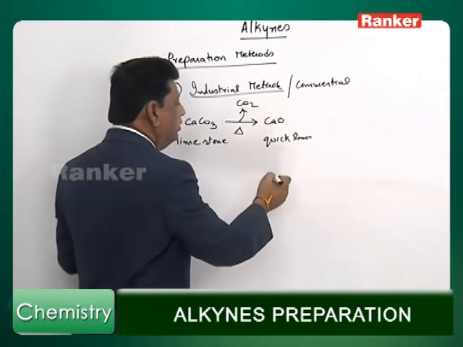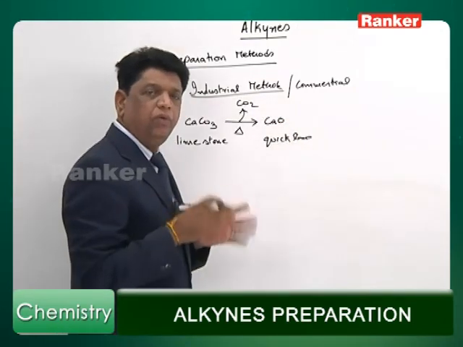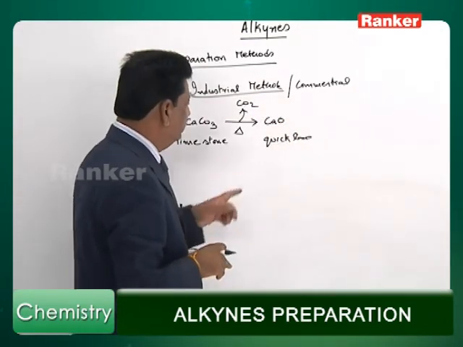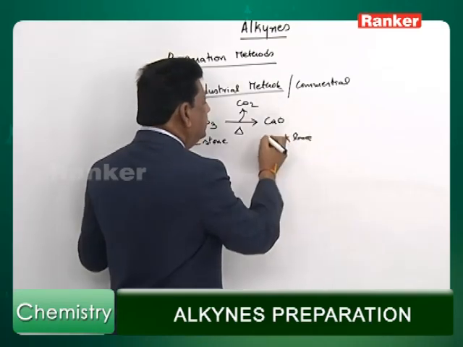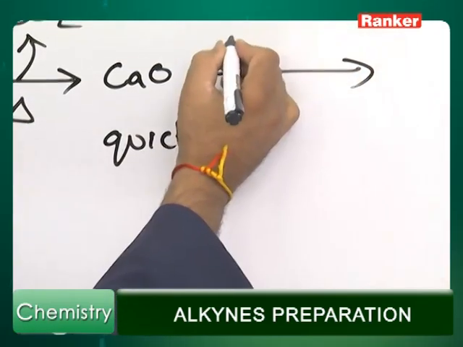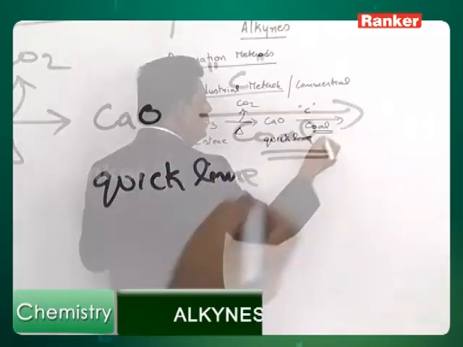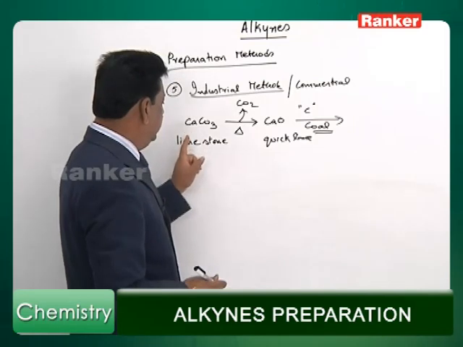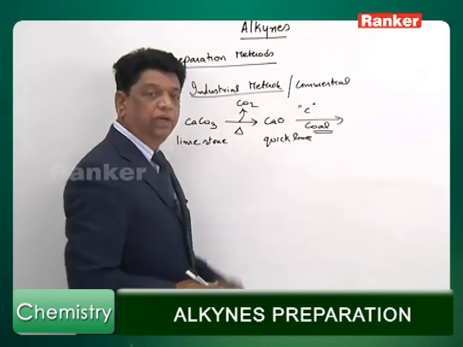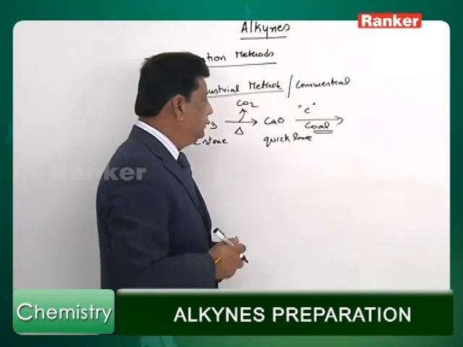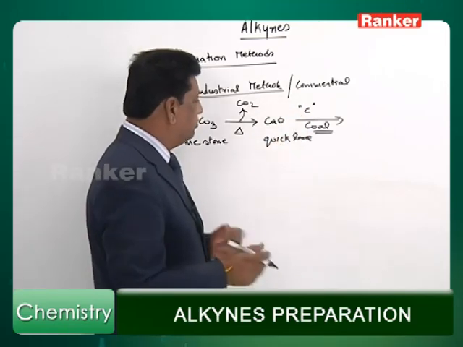Generally the quicklime is added to some water and used for whitewashing of walls. Now, we are using this quicklime by adding some carbon from coal. So, this is our second ingredient. The first ingredient is limestone, the second one is coal, both obtained on a large scale from the earth's layers.